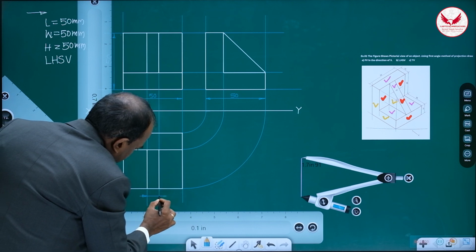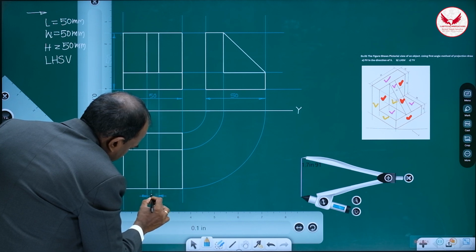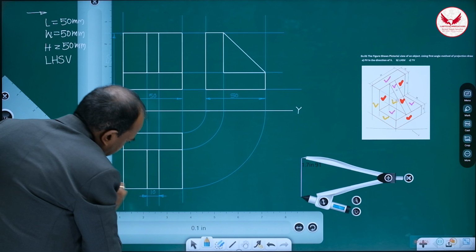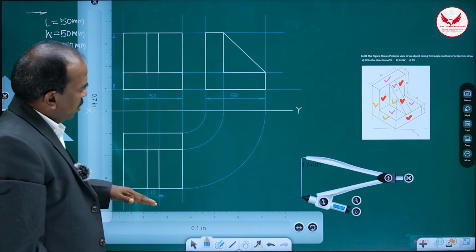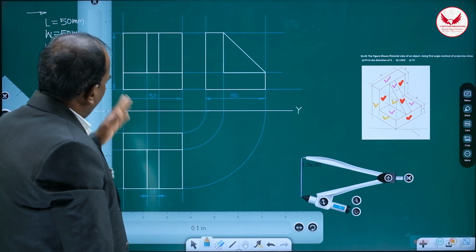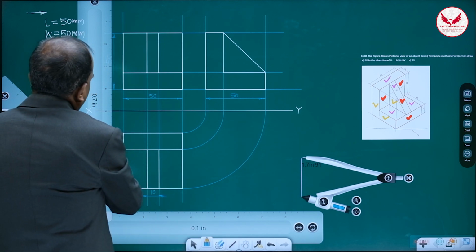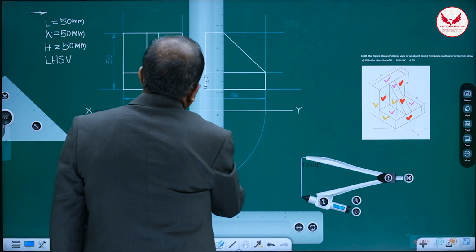So arrow like this, and it is 10 only. Always when the dimension line is horizontal, place it right above it. When vertical, place it right towards the left of it.